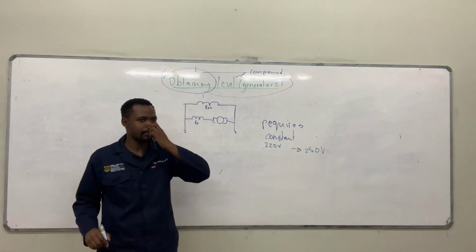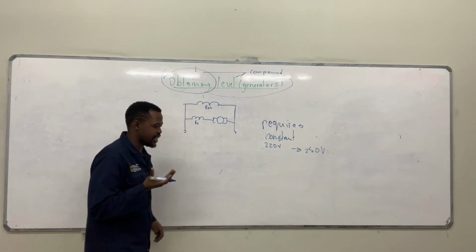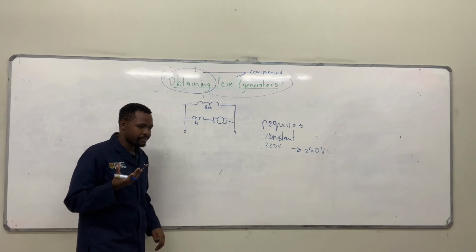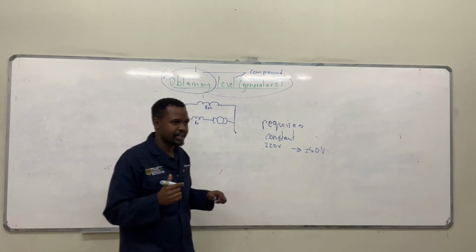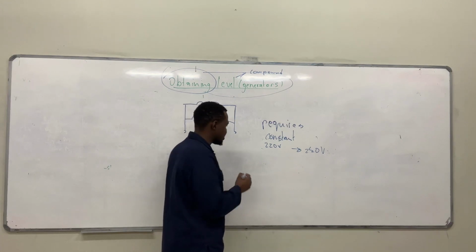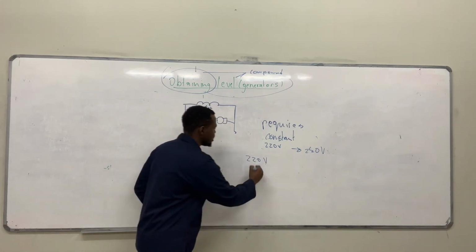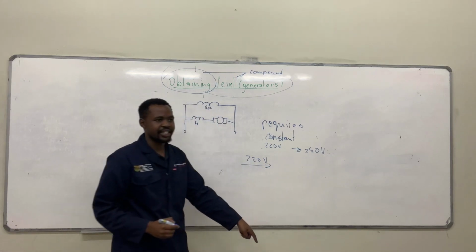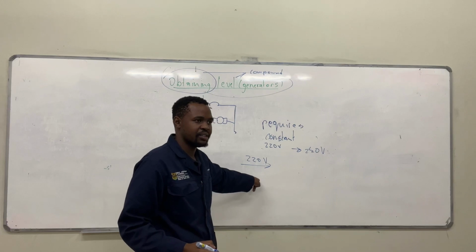Okay, because let's say we are supplying, for example, a laptop charger. Izinto esizisebenzisayo zombane, ine-appliances require money. That is the standard voltage in this country. The standard voltage in this country is what?